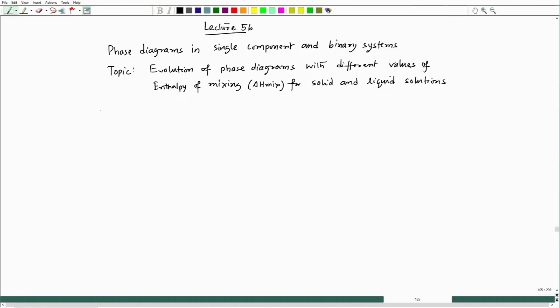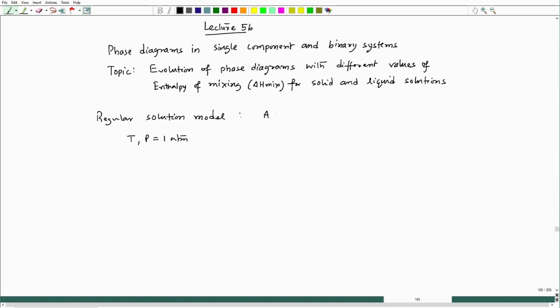We have taken the regular solution model, keeping temperature and pressure constant at 1 atmosphere, and at each constant temperature we will look at the equilibrium conditions with reference to the free energy composition plot.